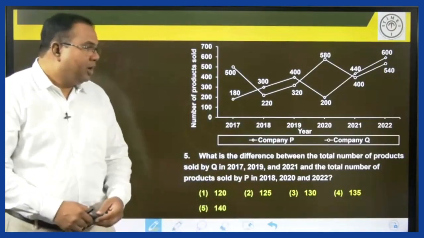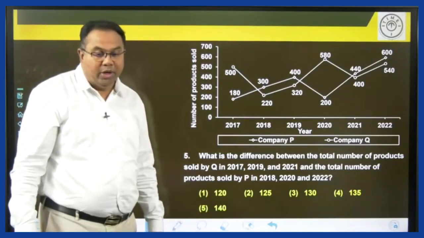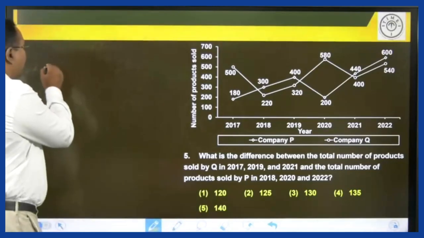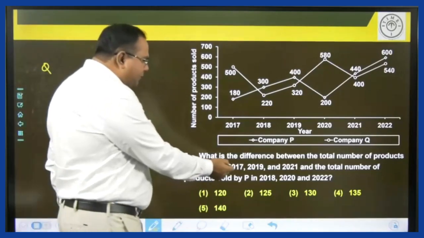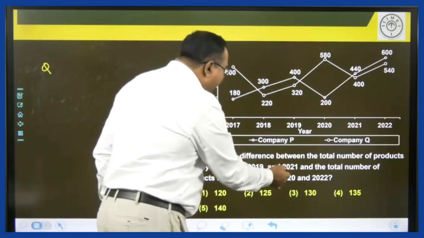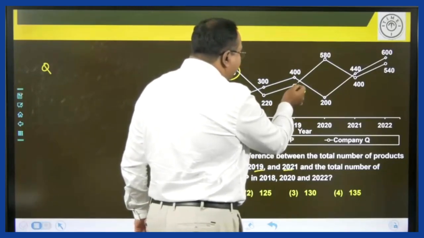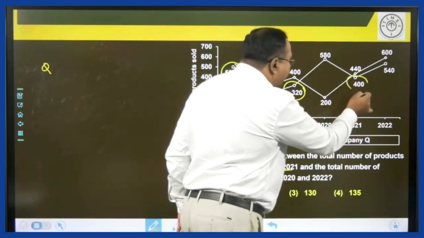Question number 5. What is the difference between total number of products sold by Q in 17, 19, 21 and total number of products sold by P in 18, 20, 22? Let me write Q. I will not write the years, I will just pick the years from here. Q 17, 19, 21. Q is how much? 500. 19, 320. 21, Q is 400.